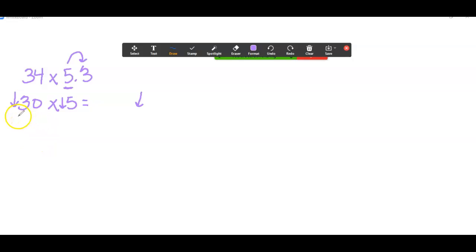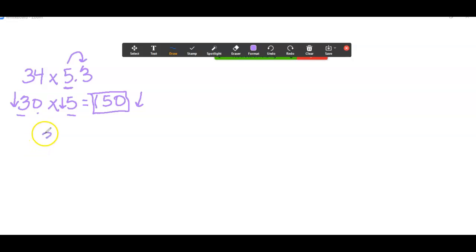All right, so then I just do my fact. So 3 times 5 is 15, and I have 1 0 left. So my estimate is 150, but again, this is an underestimate, so it has to be close to 150, but it has to be more than 150 because this is under.